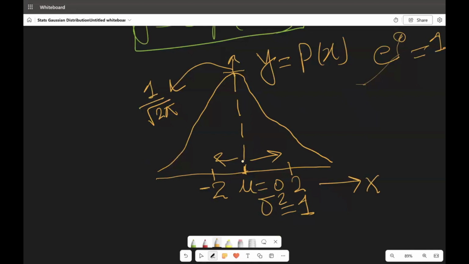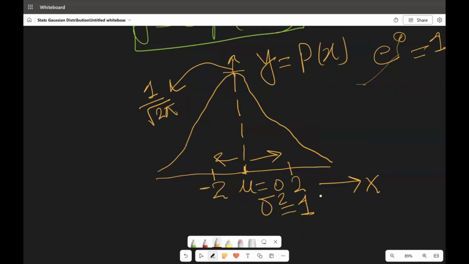So what is this saying? What happens as x increases? Let's understand what happens to y as x increases. As I am moving along this axis, as the value of x increases, my y is going to reduce.